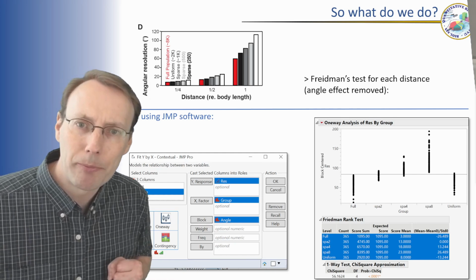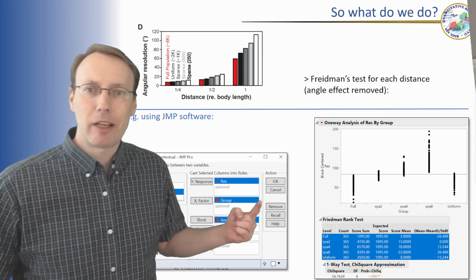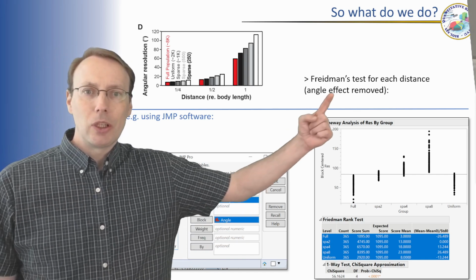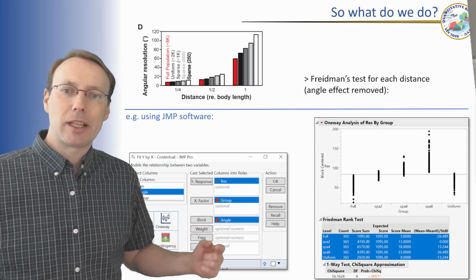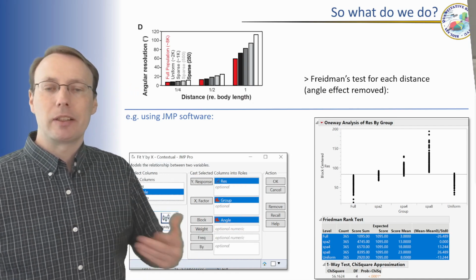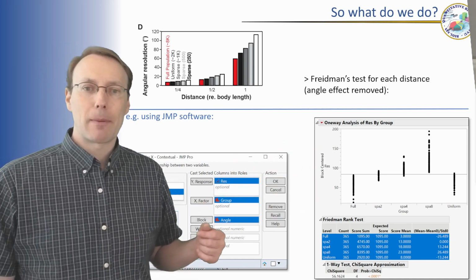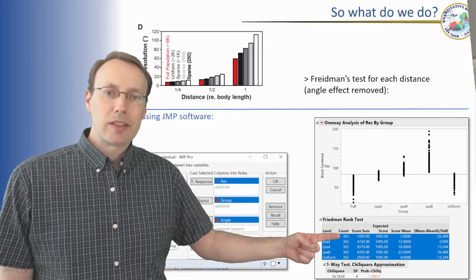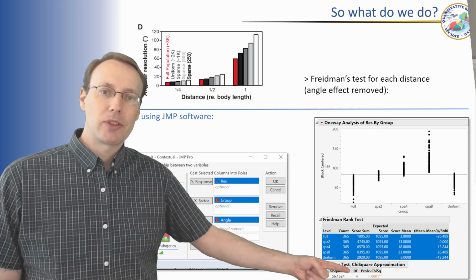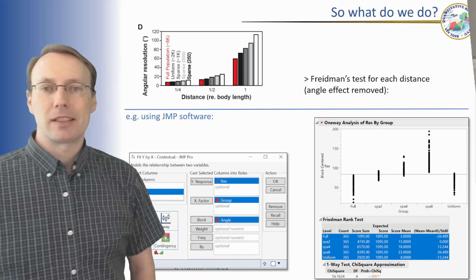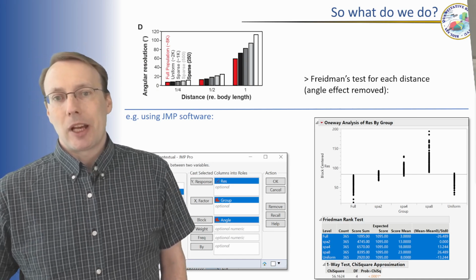Oh no, I'm sorry. Yes, we would have to do one angle, one distance at a time, but the angle aspect has been used as a second term because we measure the same thing at different angles, but it's the same subject. And so you can see the results here, the distribution of the different groups for the data points, and the difference here that's significant. So basically, you have a little bit more capacity.